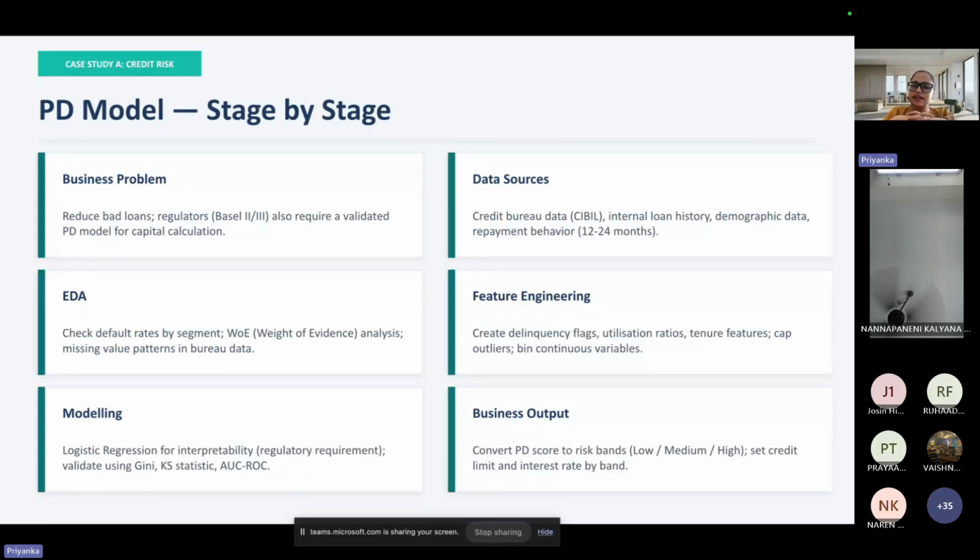CIBIL's job is to collect that data from various banks and create an internal report. I will not go into the nitty-gritties of how CIBIL does that. Now you see, CIBIL has my information, and if I have multiple bank accounts, CIBIL has that information as well.